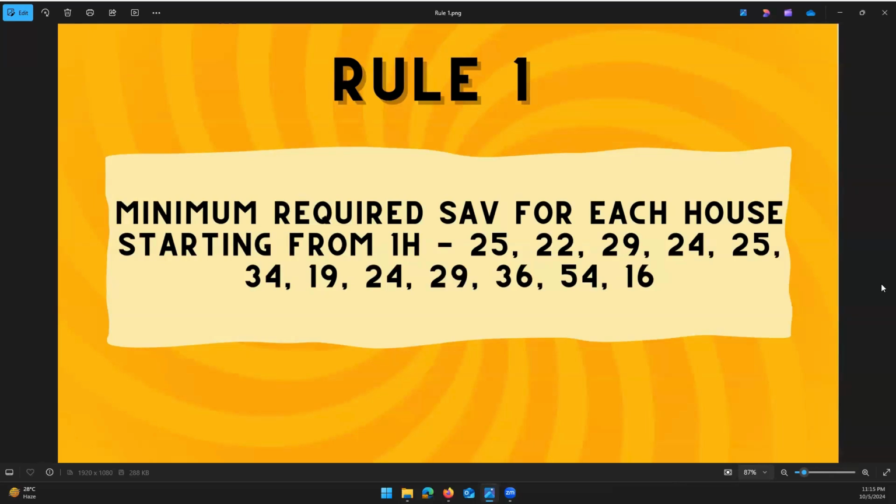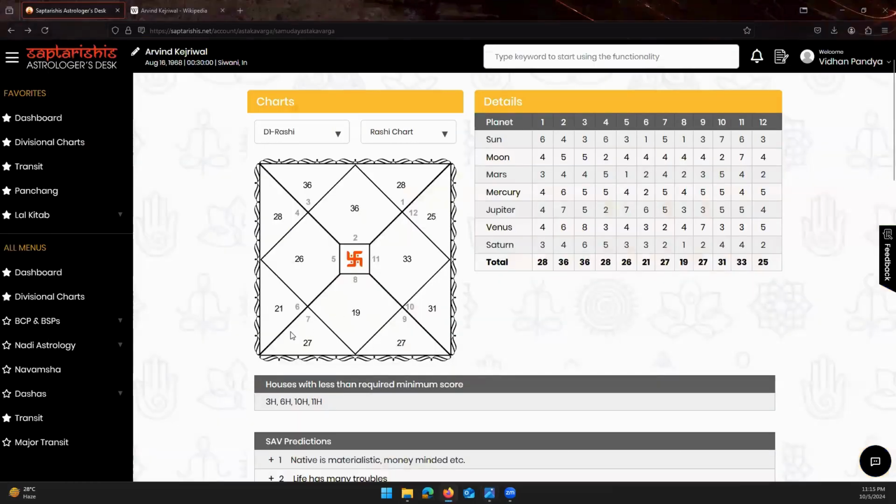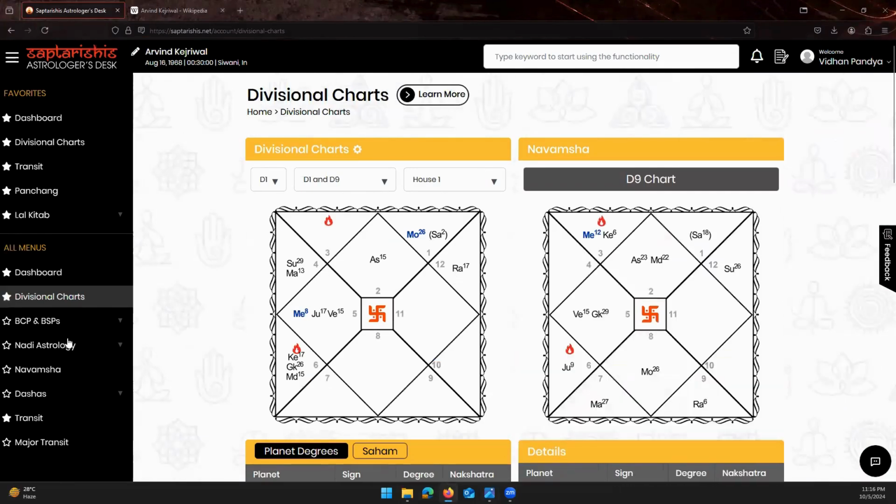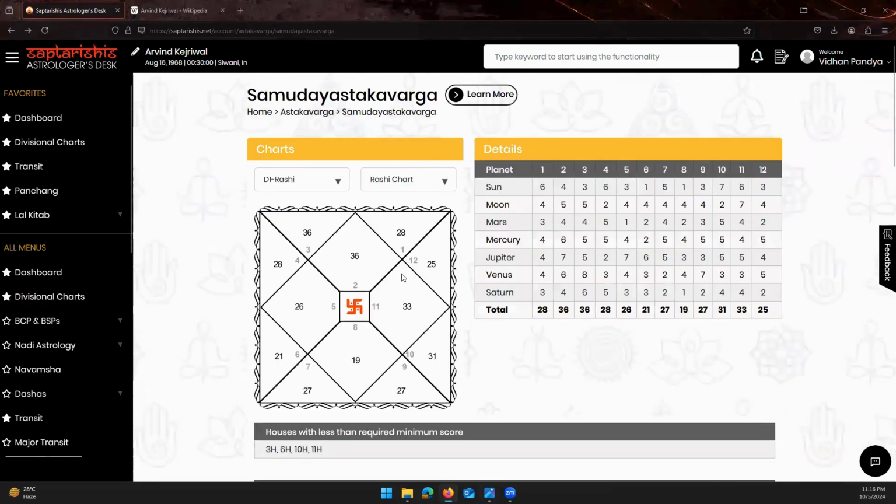Yeah, and if we see this Arvind Kejriwal chart, he has Rahu in the 11th house. So now we have to see the 11th house again, 25. So in the 25th year, Rahu is going to get activated and it will give him some results.